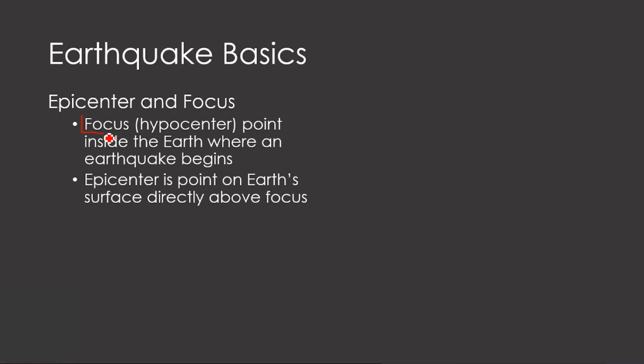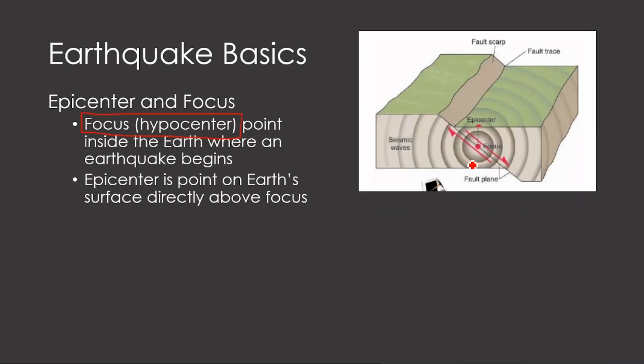That point where the rock breaks is called the focus or hypocenter. Okay, so this is a rock layer. This is the point below the surface of the Earth where an earthquake originates, called the focus or hypocenter.